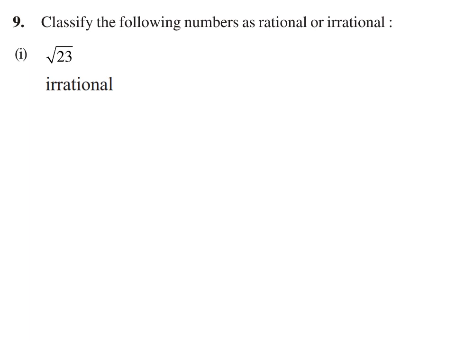Now the second number is root 225. We can simplify 225. 225 can be written as the square root of 15 whole squared. The square and the root cancel out, so my final answer is 15. Now 15 is an integer, so again it is a rational number.